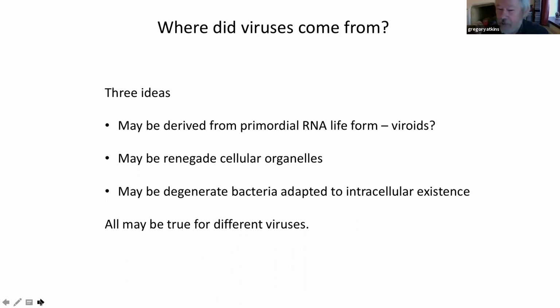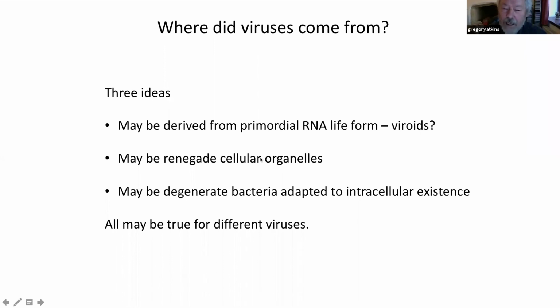So the idea is that some viruses might be a very primitive form of life. There is evidence for this, because there are things called viroids, which are not really viruses, and they occur in plants, which consist only of RNA and don't have any protein. And they have the characteristics of what might be a very primitive form of life.